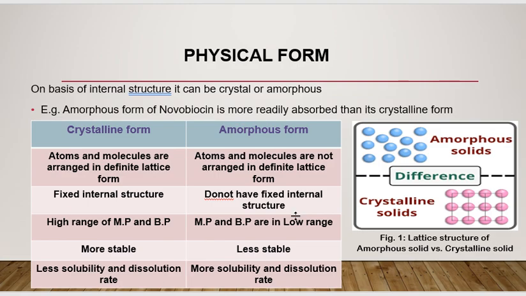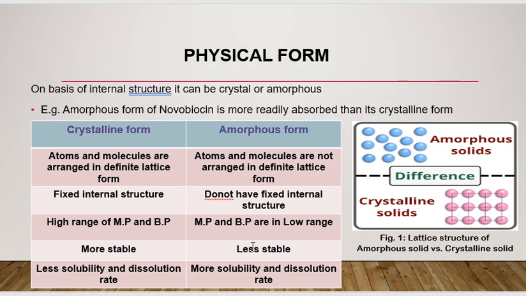Now this is the basic difference between the crystalline form and the amorphous form. As the name suggests, the crystalline form has a crystal-like, solid-like structure. For example, the atoms and molecules, as you can see in the diagram, are arranged in a definite lattice structure, whereas the atoms and molecules of the amorphous form do not have any definite lattice.